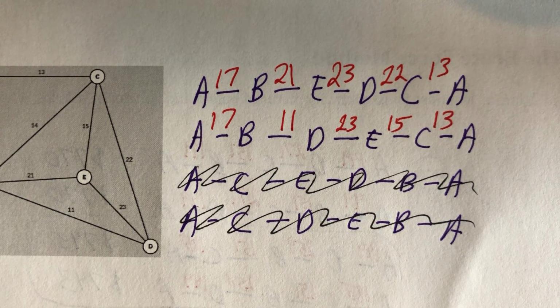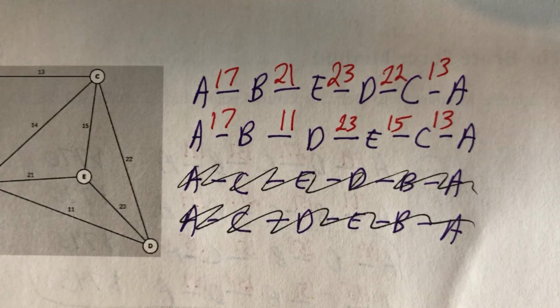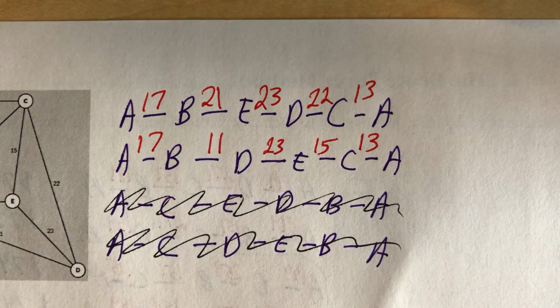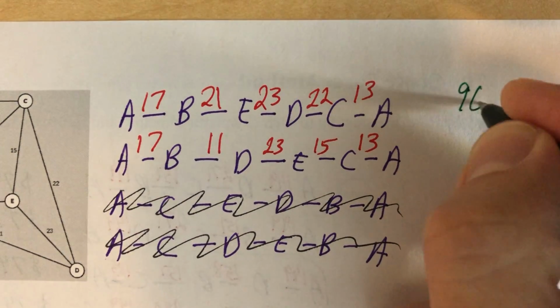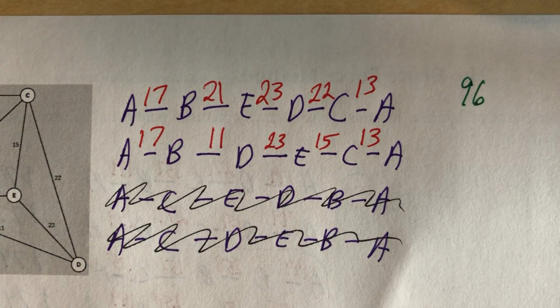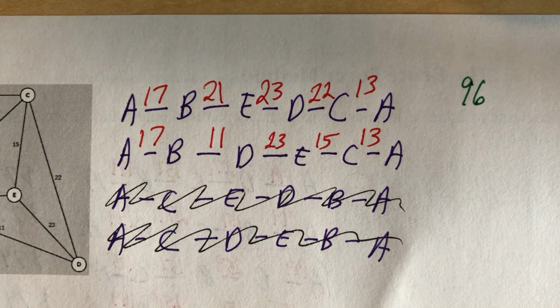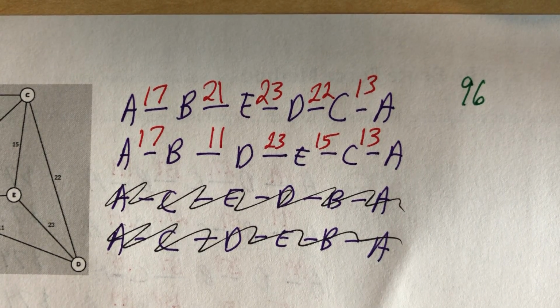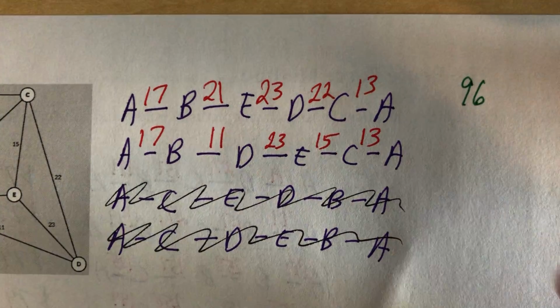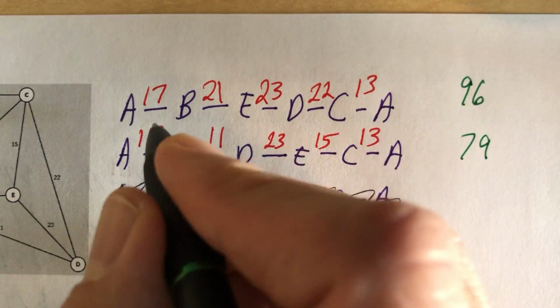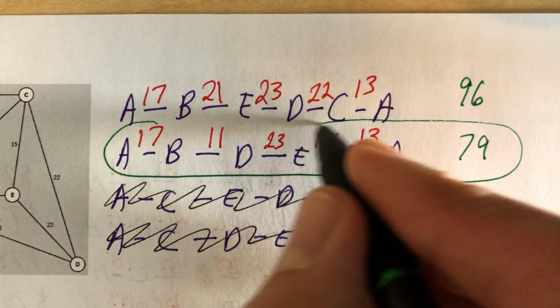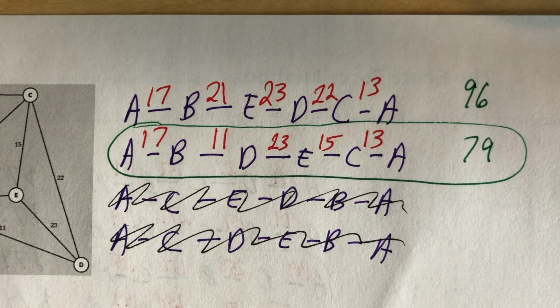I would not use a calculator. It's the end of the day and my brain is exhausted. So here goes. This one's going to be 96. And the other one is going to be 17, 11, 23, 15, 13, 79. All right, there's your cheaper one. And again, if you reverse the order, same thing.